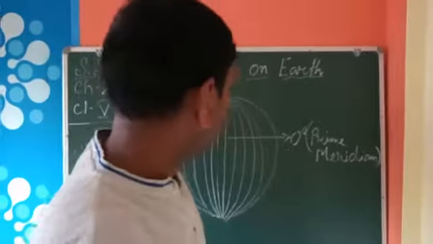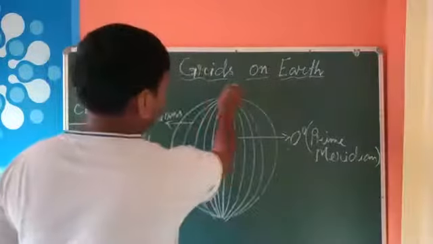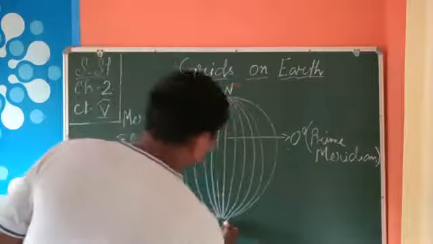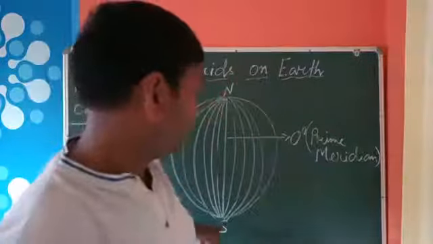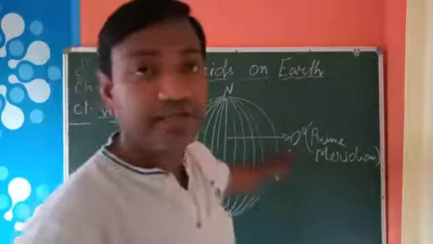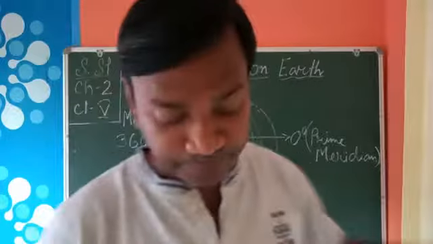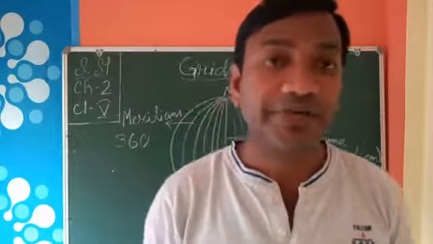It runs from the North Pole to the South Pole; from here it starts and here it ends. It is the 0 degree, the prime meridian, and it is in Greenwich.